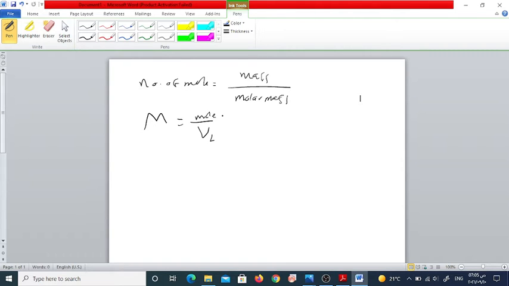So here we have 90 grams of NaCl, we will convert it into moles. So moles of NaCl equals mass, which is 90, divided by molar mass.